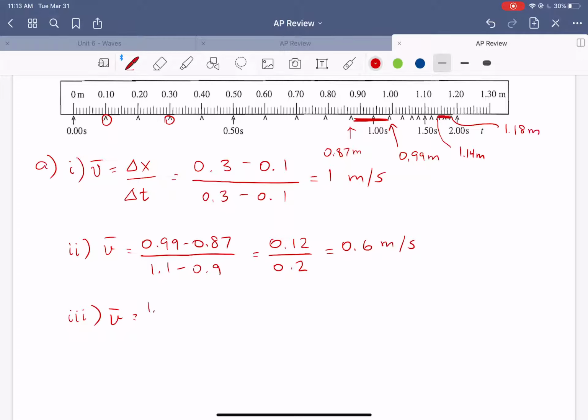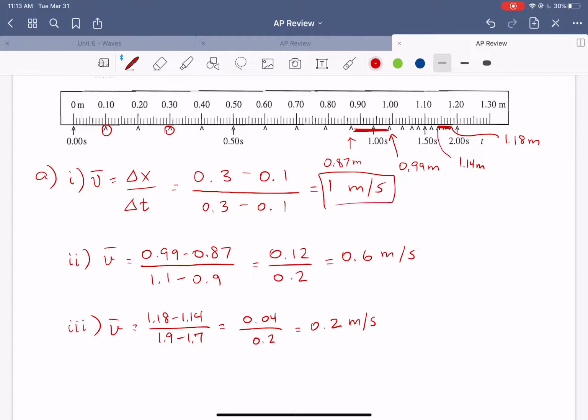So our displacement is going to be the difference in those two numbers. And then for the time, we're going from 1.7 to 1.9. So this is 0.04 over 0.2, which comes out to 0.2 meters per second. So each one of these is worth 1 point each.